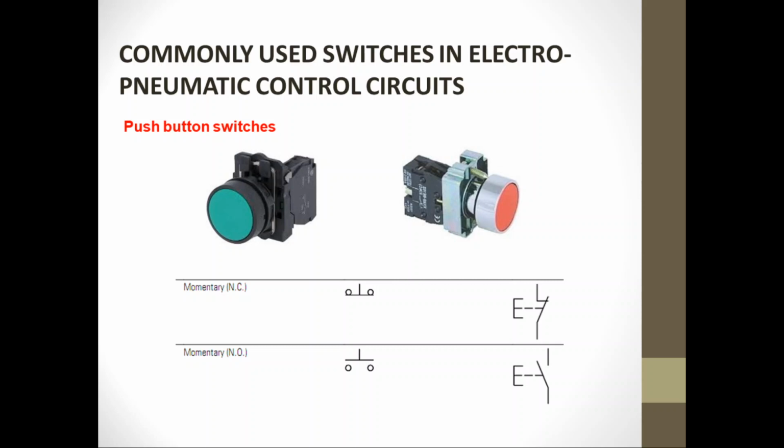So basically they are spring return switches. So meaning to say, once you press the push button, it changes contact. However, when you release the push button, it goes back to its original position.